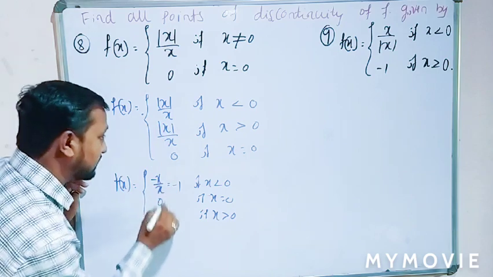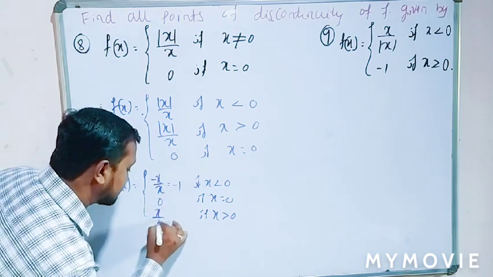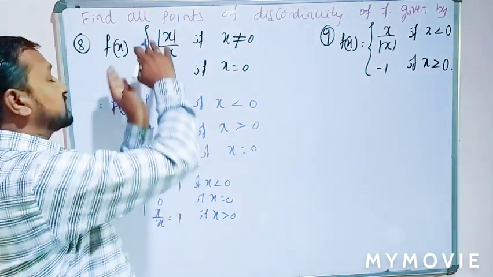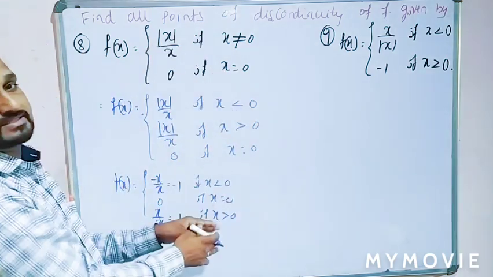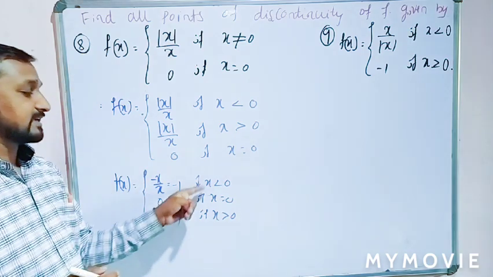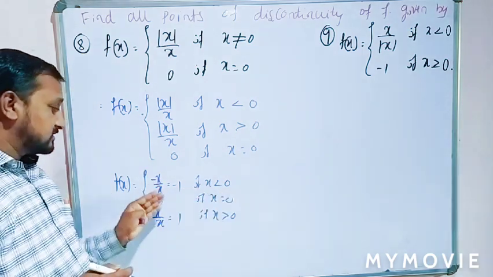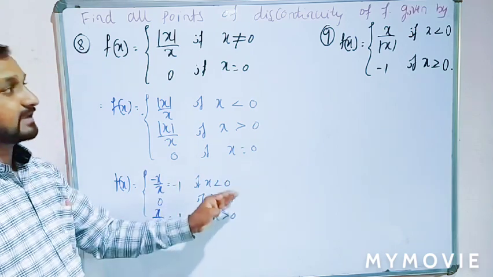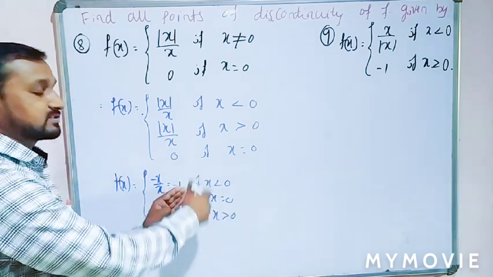That's why we take x divided by x, that is equal to positive 1. So this function can be rewritten as f of x equal to minus 1 if x is less than 0, 0 if x equal to 0, 1 if x is greater than 0. Is that clear? So this is the simplified form.